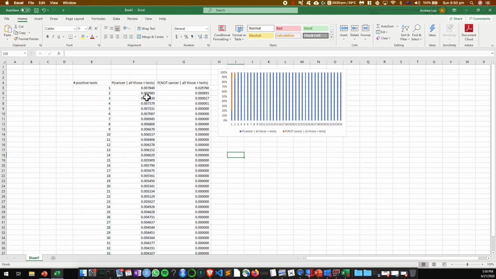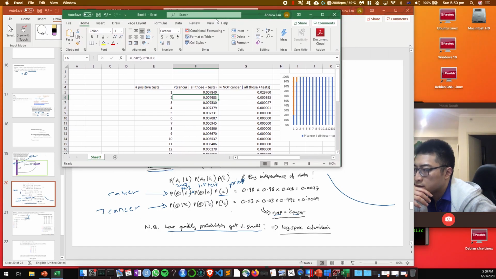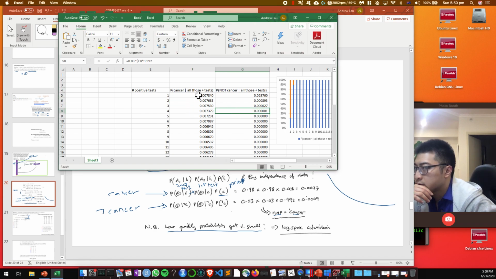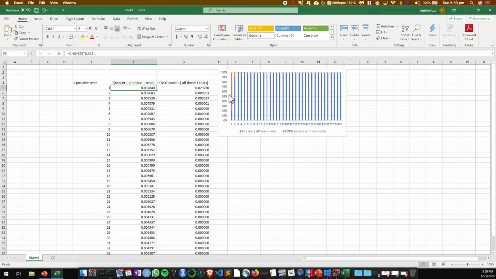Actually, sorry, I just haven't done this right. Probability of cancer given all those tests, that's this one, isn't it? So 0.98. Oh, that's the problem. The problem is a scaling factor. That's why it's declining. Okay, so maybe this graph makes more intuitive sense.